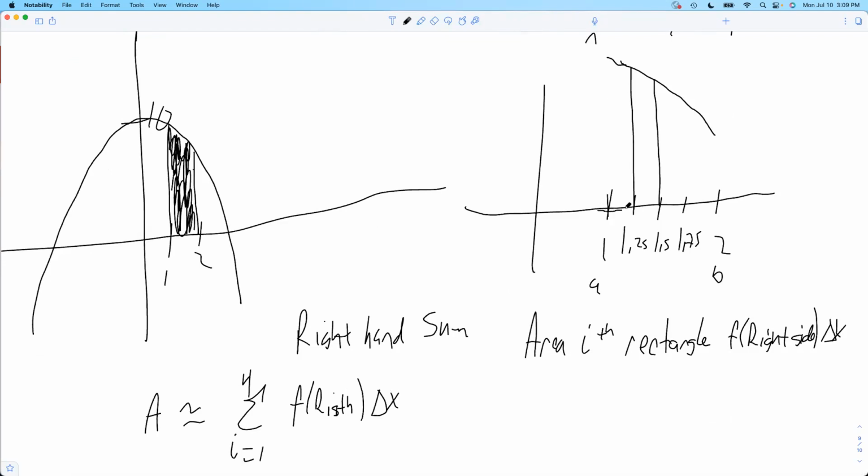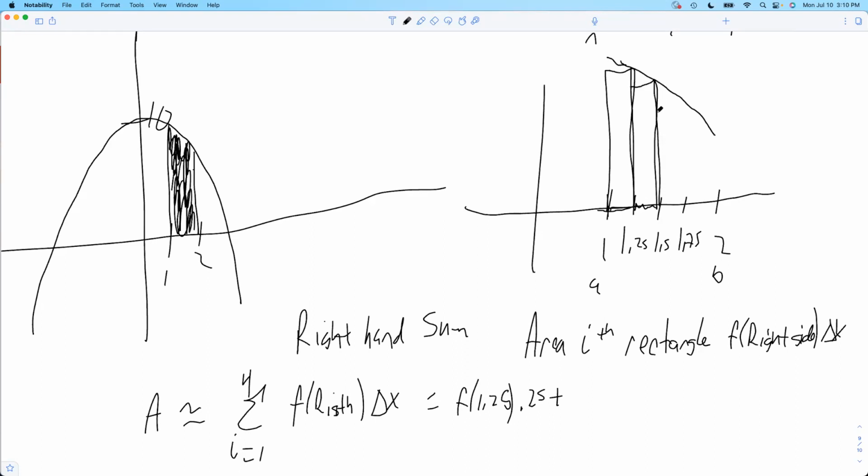So let's look at this interval here. That first rectangle will look like this. That will be f evaluated at the right side, 1.25, times delta x, which was a quarter, 0.25. This next one, right here. So I'm in this interval, the right side is 1.5.